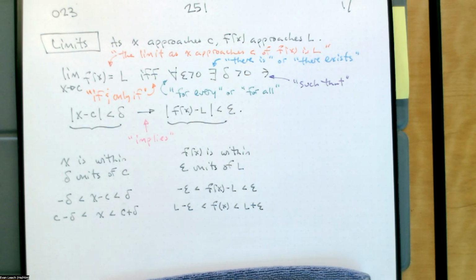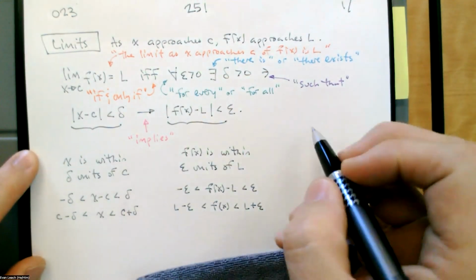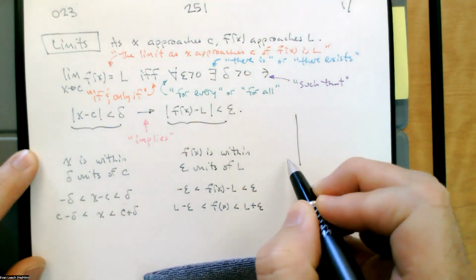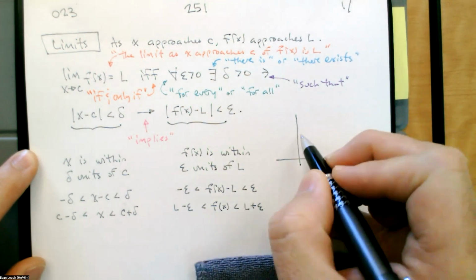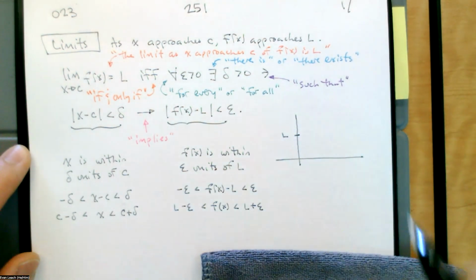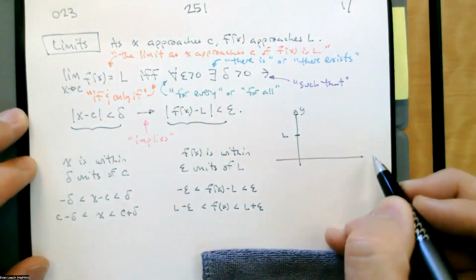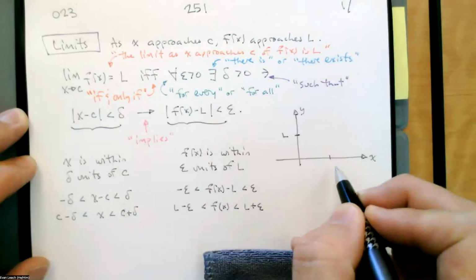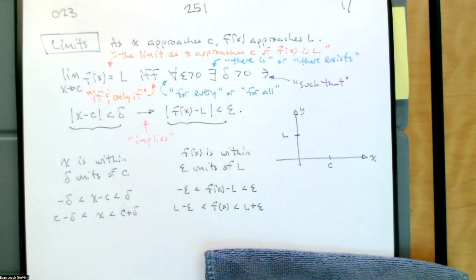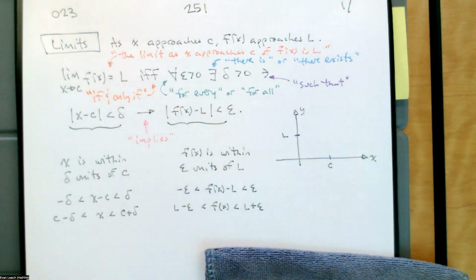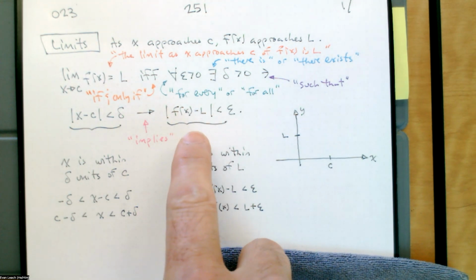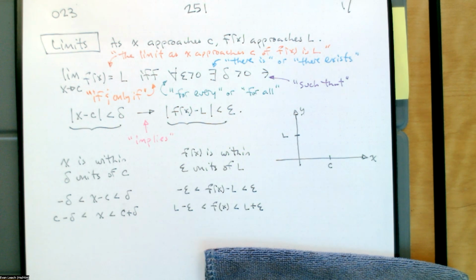Let's visualize what we want to happen. If f of x is on the y-axis and x is, unsurprisingly, on the x-axis, what we're looking for in the second part is for f of x to be within epsilon units of L. So we're deciding how close we want f of x to be to L. That's where we're making a decision.